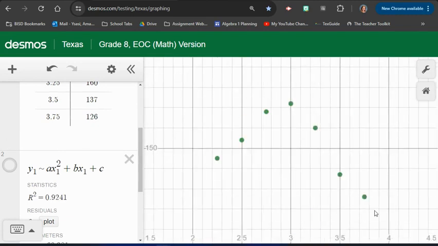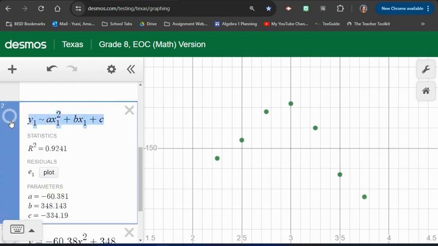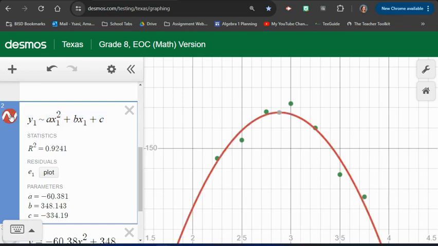And you can see that it's going to be a quadratic. So then you are going to enter this in. Everybody look up here. y1 squiggly ax1 squared plus bx1 plus c. When you do that, it'll also give you the equation that goes with it.